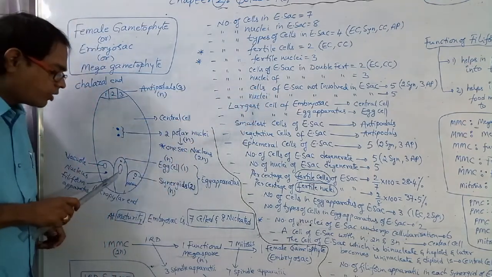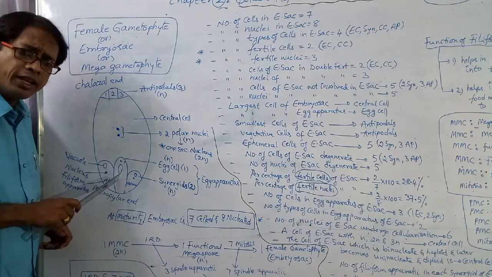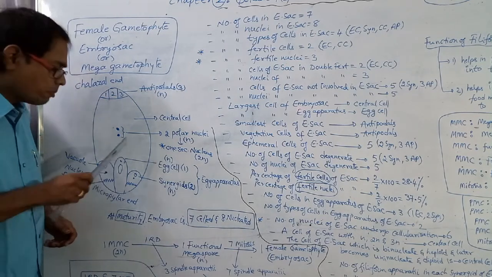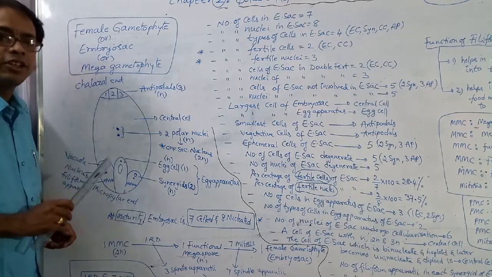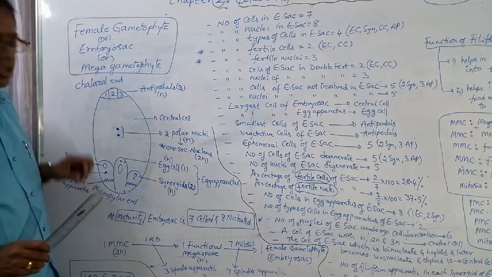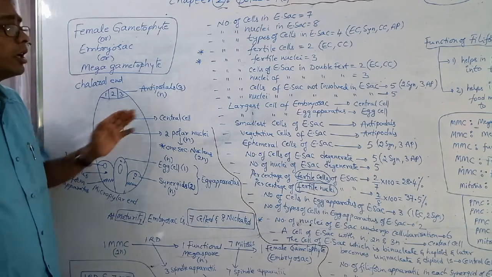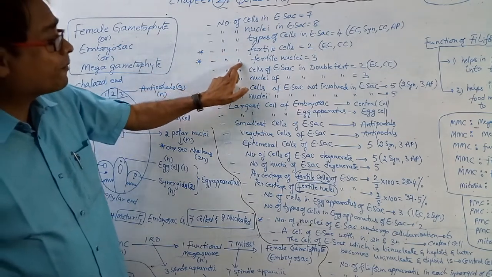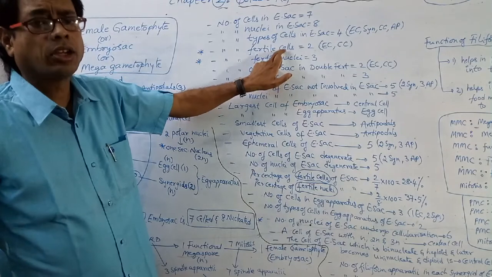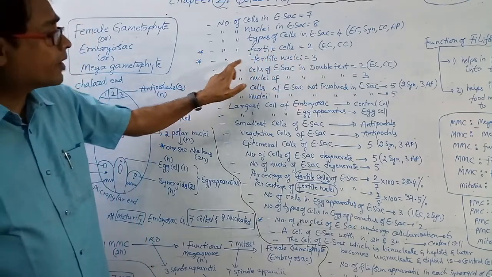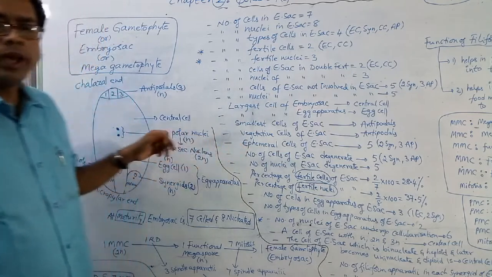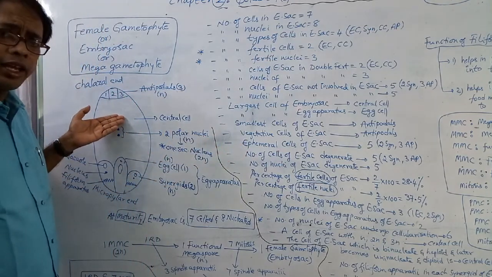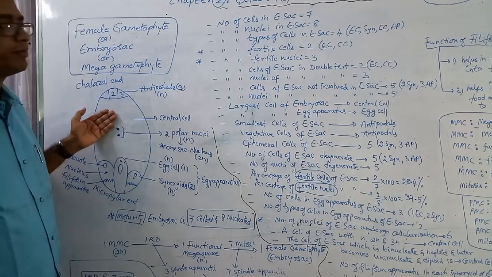The egg cell contains 1 nucleus, but the central cell contains 2 nuclei. So try to remember, my dear students, this is a very important point. Fertile cells: 2. Fertile nuclei: 3, because the central cell contains 2 polar nuclei.